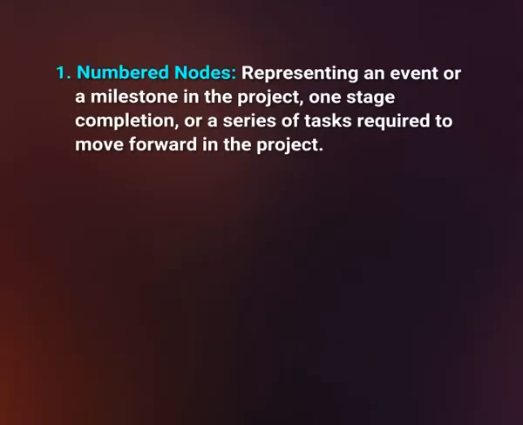A PERT chart template includes various components. Number 1, numbered nodes representing an event or a milestone in the project, one stage completion or a series of tasks required to move forward in the project.